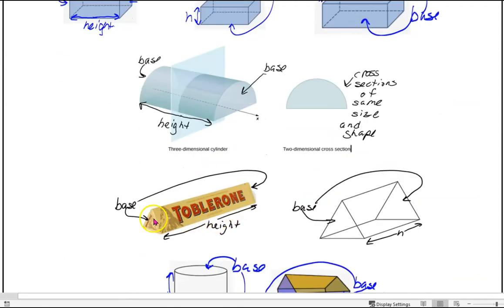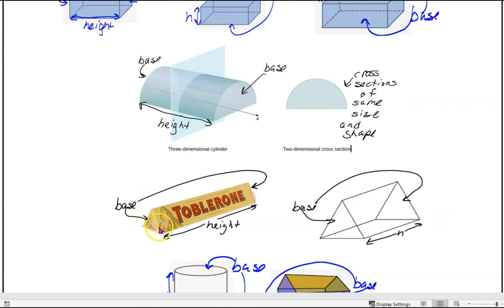When we look at the Toblerone box, it's the same situation. Yes, this flat edge and this flat edge are both rectangles, but they're not parallel. They are the same size, they are the same shape because it's based on an isosceles triangle, but they're not parallel. And for a cylinder, they have to be parallel.